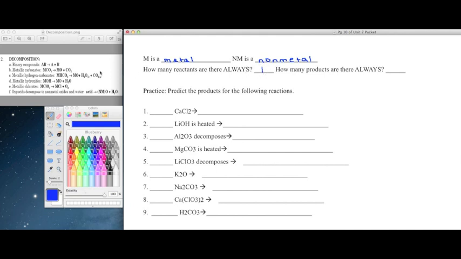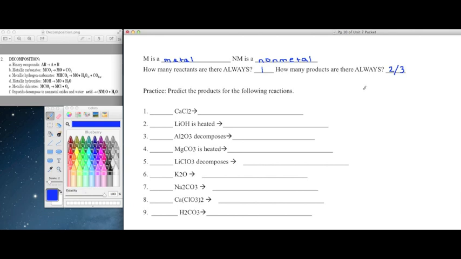And then for the products, for the most part, you're going to have 1, 2, 1, 2. Here's a funky one, you have 3, but 1, 2, 1, 2, 1, 2. You're going to have 2 or 3 products, while in synthesis, you always have one product.